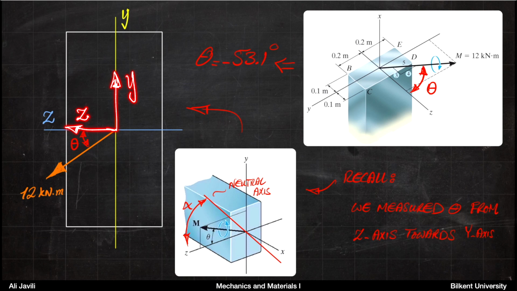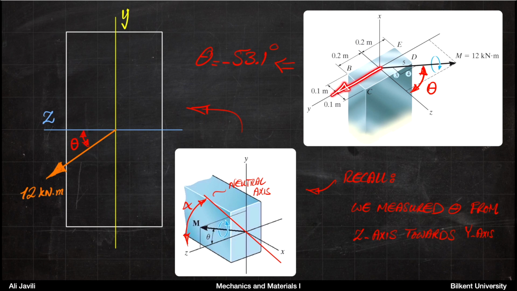So basically, in view of that picture, if you look at this one, the 12 kilonewton meter moment, the moment that we have, is indeed applied like that. Okay, so you shouldn't be confused by that or think that the moment is applied somewhere here. If you look at the picture, this is the y-axis.